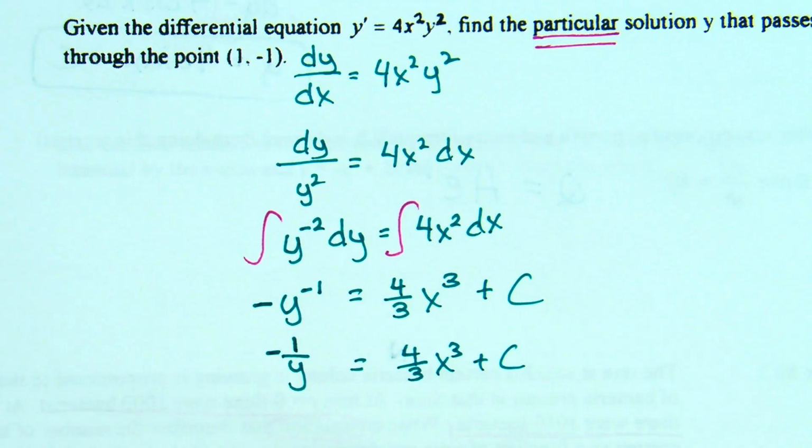Thoughts on how we can do this? I would not solve for y yet, just because negative 1 over y is not a good way to have this equal to. It's kind of ugly right now, so I would save that for getting y by itself. How do we get rid of those fractions?